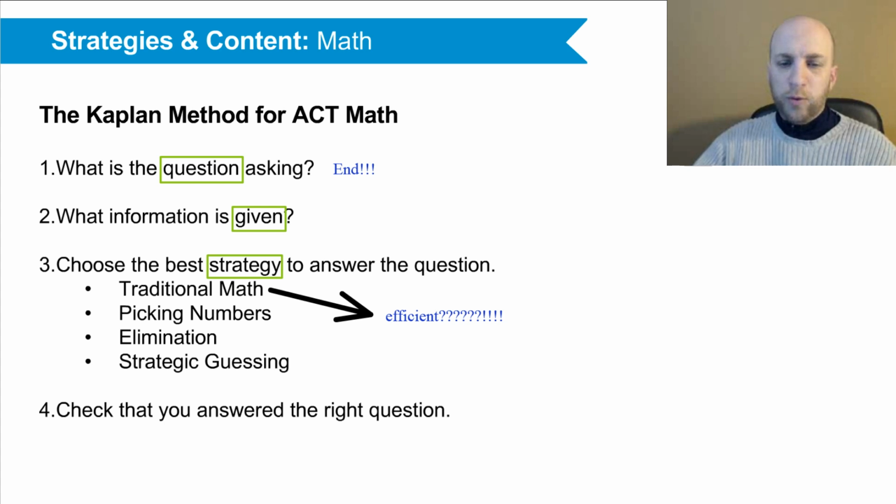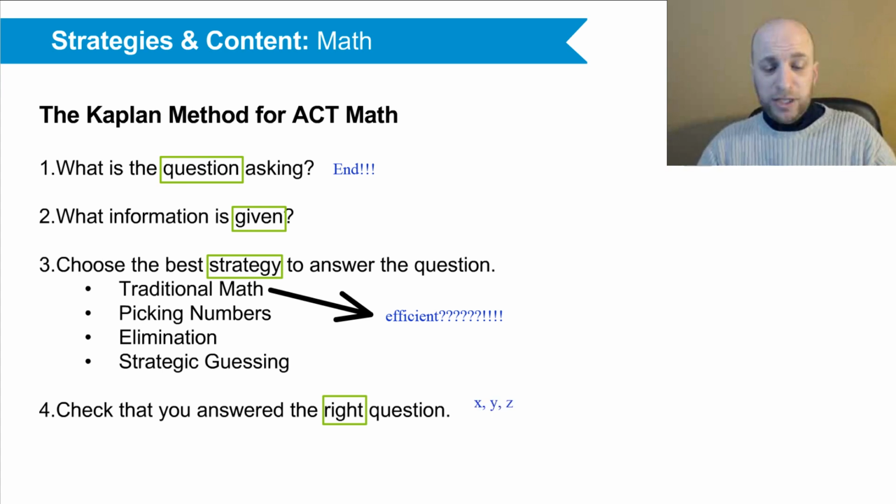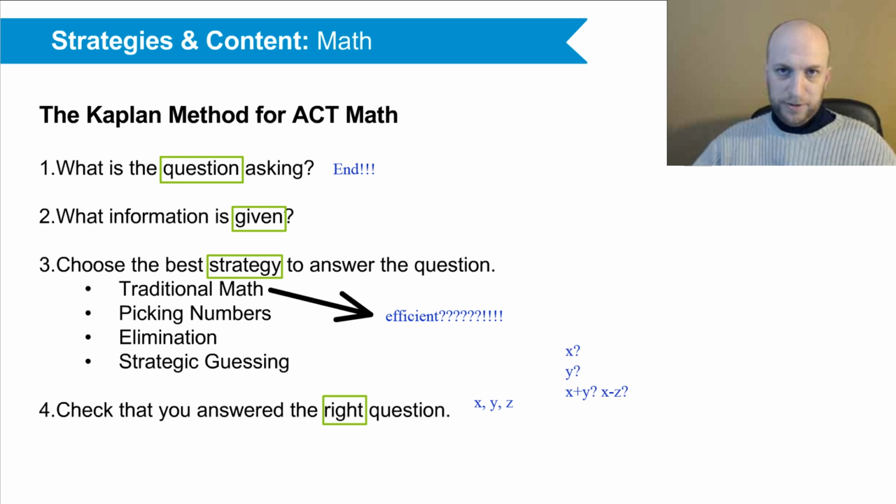One great way to do this is to watch out for something that the ACT will do. They might give you a math problem, for example, with 3 variables, an x, a y, and a z. And in that problem, they might ask you, what's x? Or they could ask you what's y? Or they could ask you x plus y, or x minus z. They could ask you for any combination of those variables.